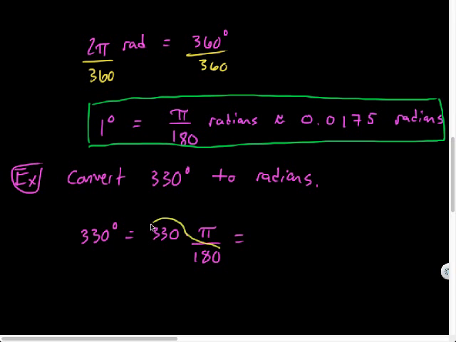And in order to do that, I'm going to just reduce this fraction as much as possible. So between 330 and 180, I think 30 goes into both of those. 30 goes into 330, what's that, 11 times? And into 180, 6 times. So it looks as though this is going to simplify to be 11 pi over 6 radians.